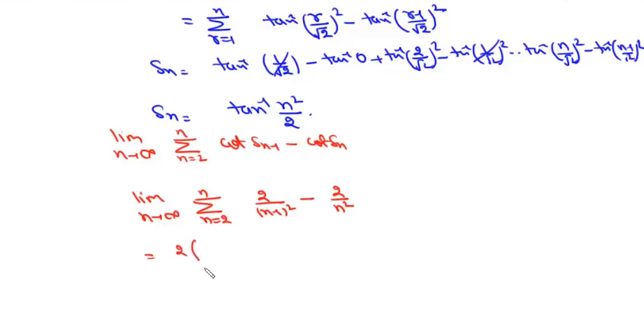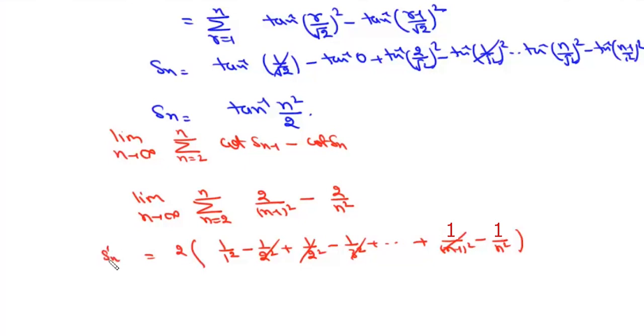Now if we put the value, we can write this as 1 upon 1 square minus 1 upon 2 square, 1 upon 2 square minus 1 upon 3 square up to, now all these terms they'll cancel. So this sum s dash n will be given by 2 into 1 minus 1 upon n square. Now we need to find this limit n tends to infinite. Now we take this limit n tends to infinite. Now this is just 2.